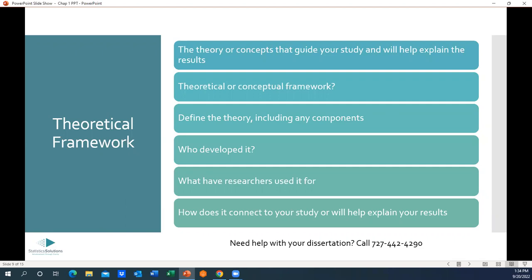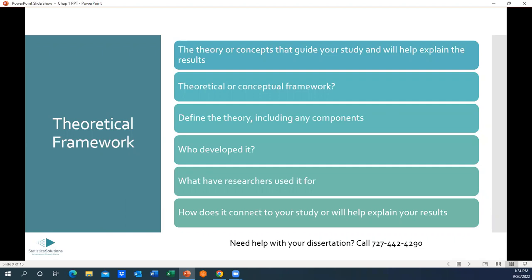I said that right. Yeah. In a qualitative study, there may not be a theory that encompasses what you're doing, because qualitative studies tend to be exploratory, and sometimes there's not a theory that captures or encompasses what you're trying to do.